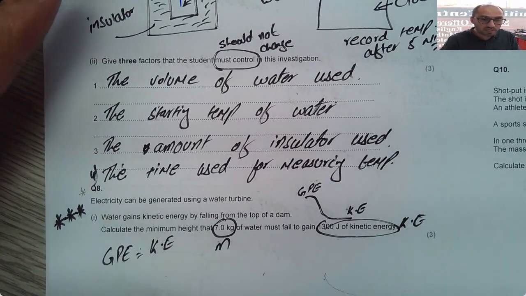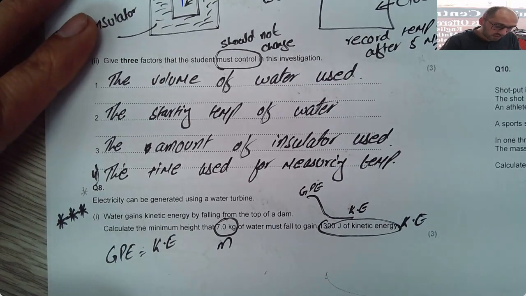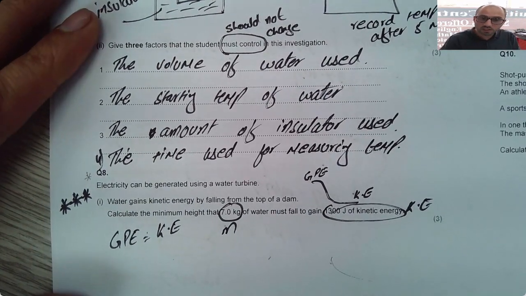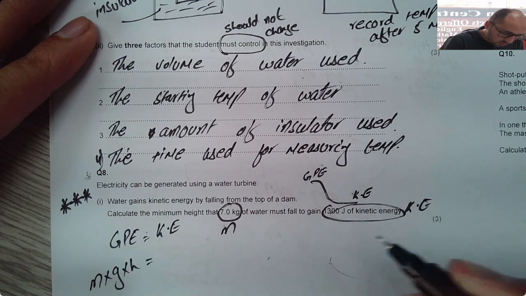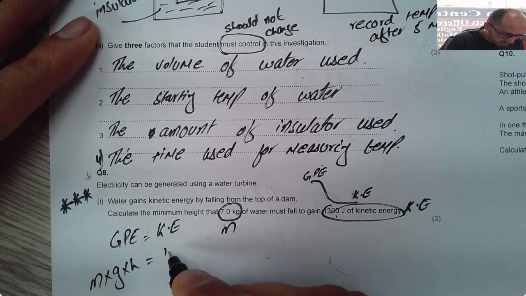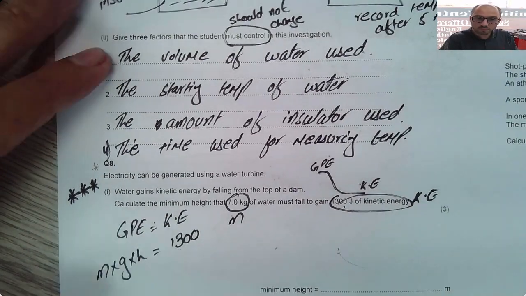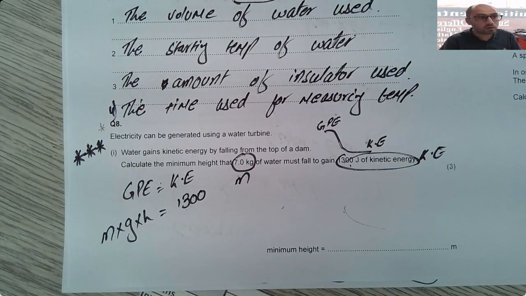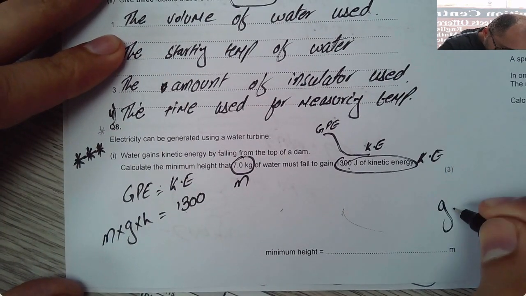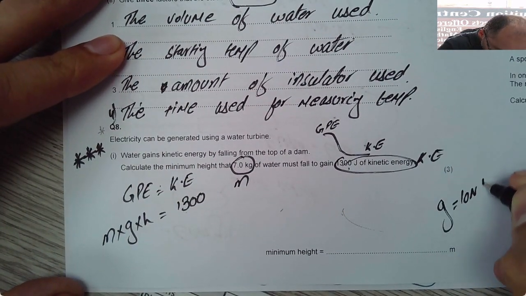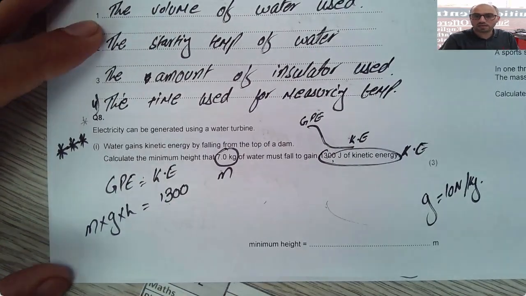Height does not appear in the equation for KE, it will appear in the equation for gravitational potential energy. So we'll write down m times g times h equals, what's the value of KE? It is 1300. Now because it is about our planet, the value of g on Earth is always 10 Newton per kilogram. You have to memorize that, right?